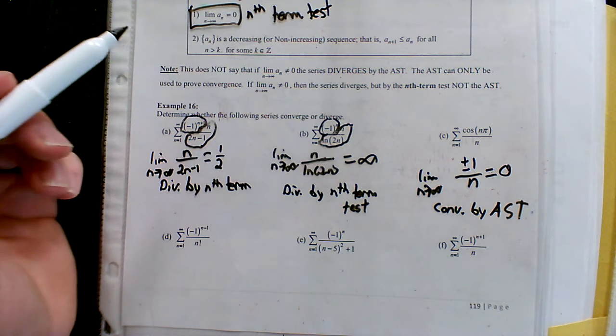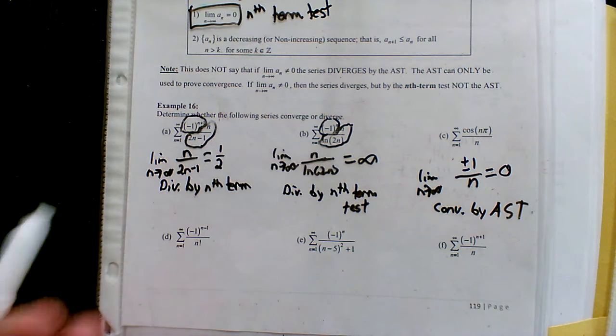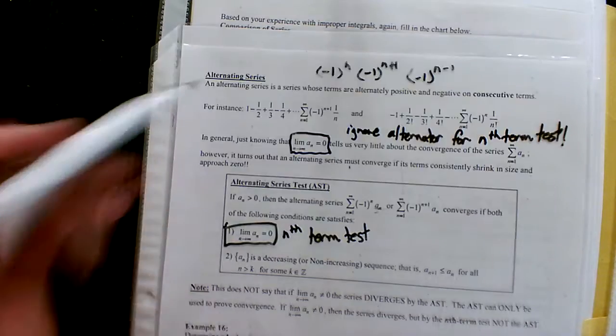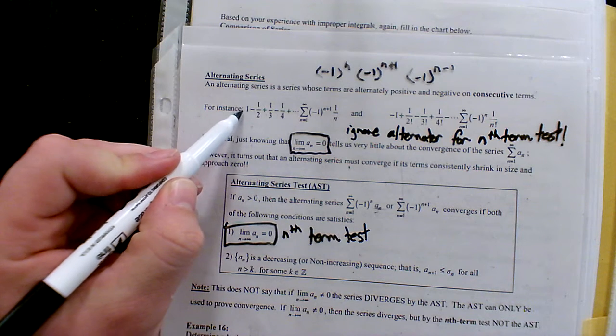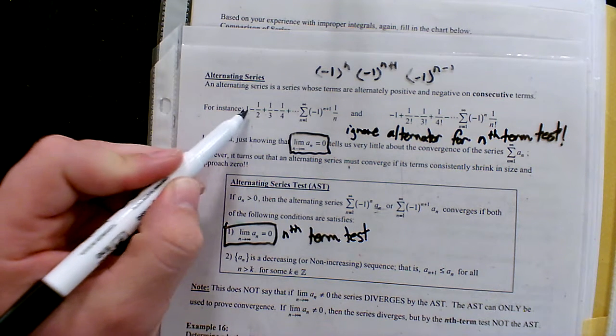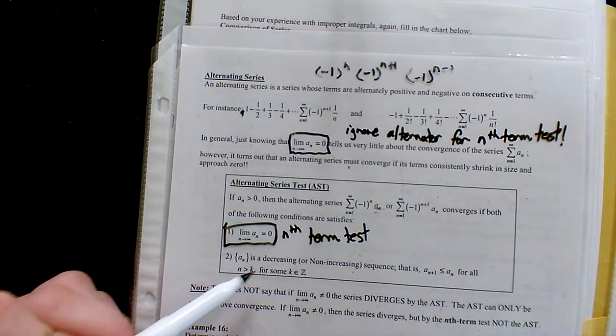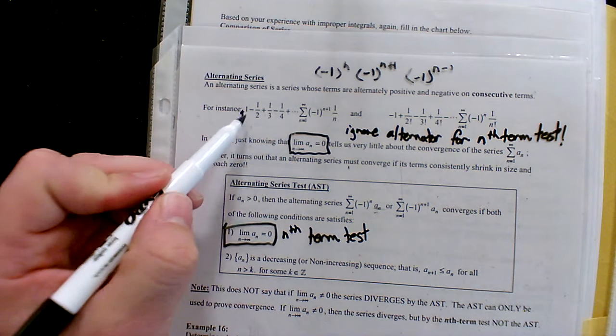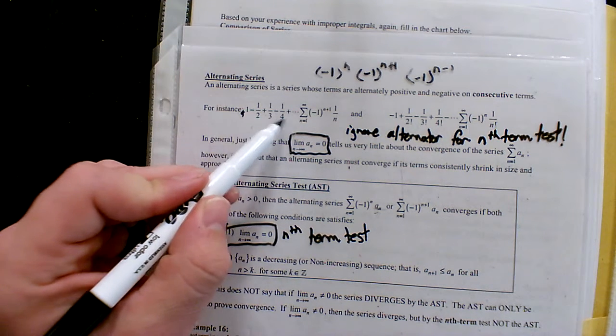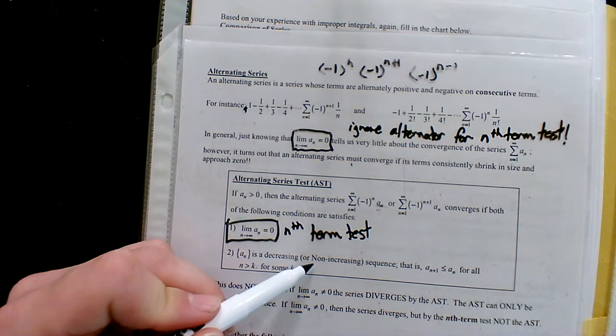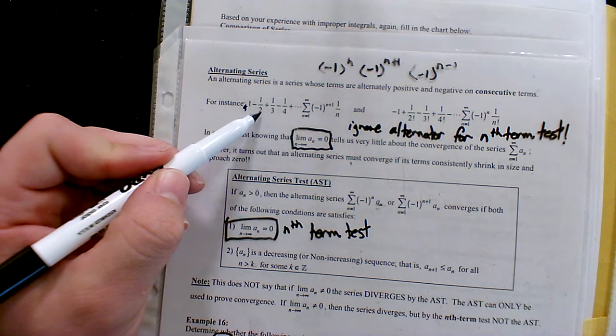Yeah, so basically what they're saying is this is going to keep going back and forth. So if you look up here, technically there's a plus here, so plus, minus, alternating back and forth. But what they're saying is it's going to be decreasing. So as you go on with your values, each value has to be getting smaller or non-increasing, so it has to be at least staying the same.